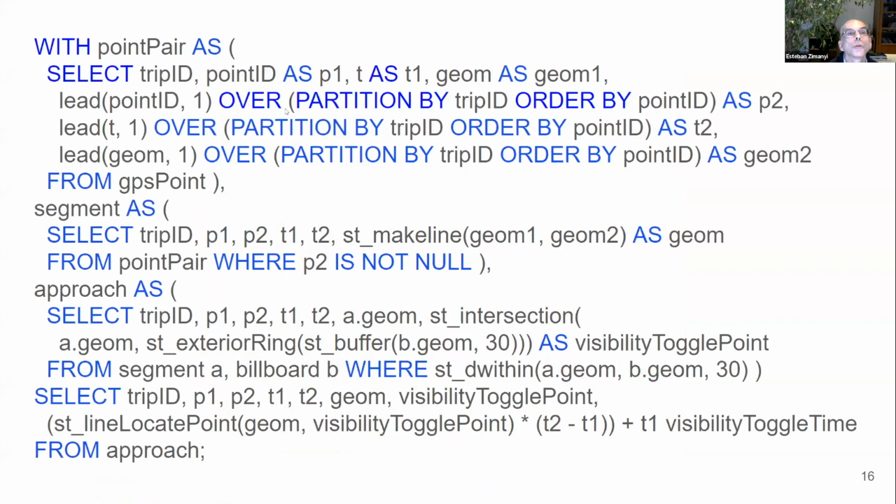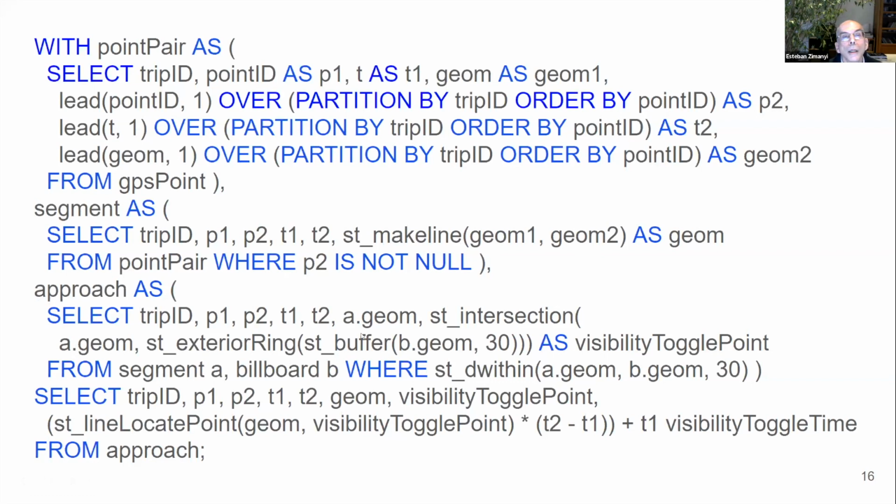We first need to use, for example, a window function with the lead function to get one location, one observation, together with the next one. Now we have one point and the next point in the trajectory. Then in the next CTE, we connect these two with a line.